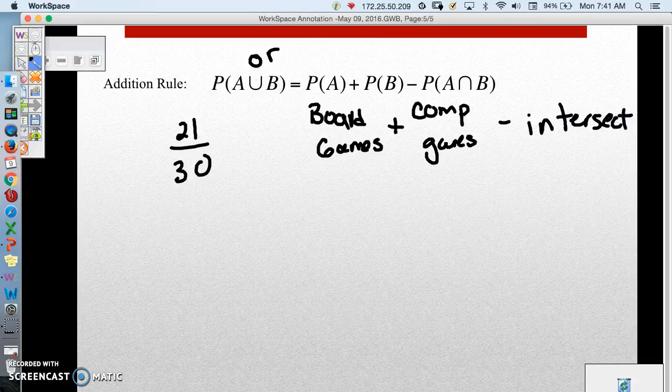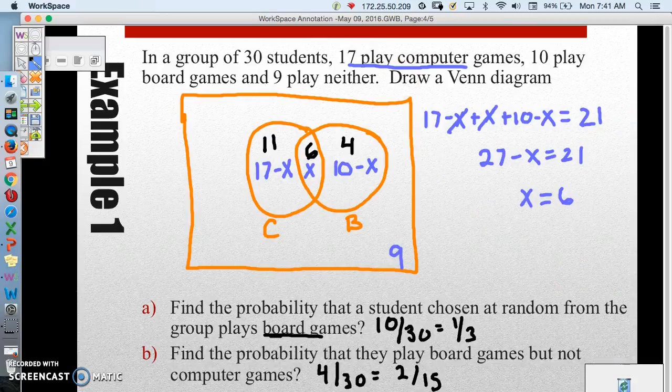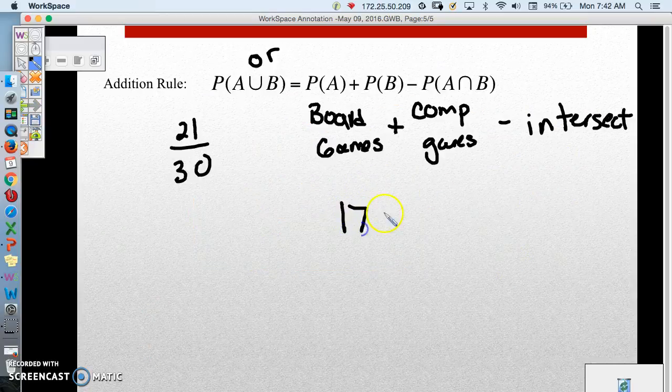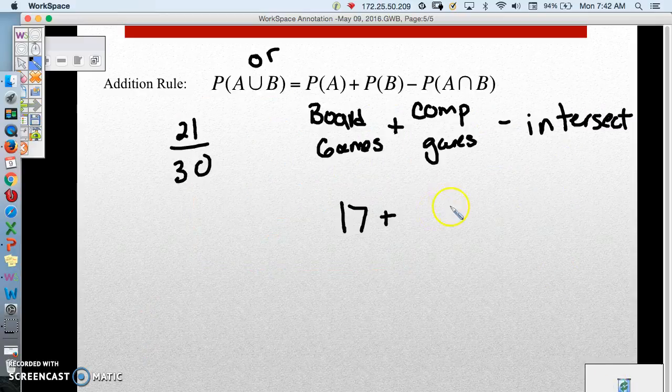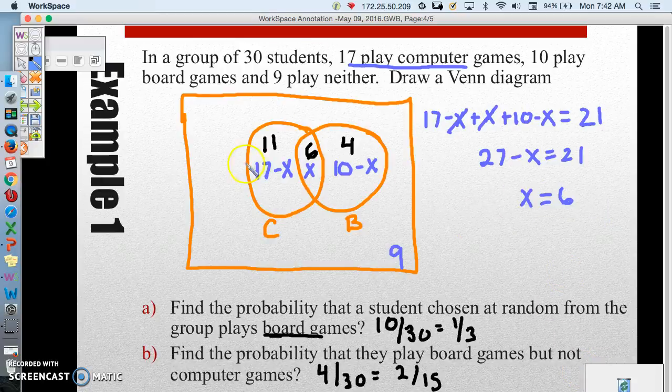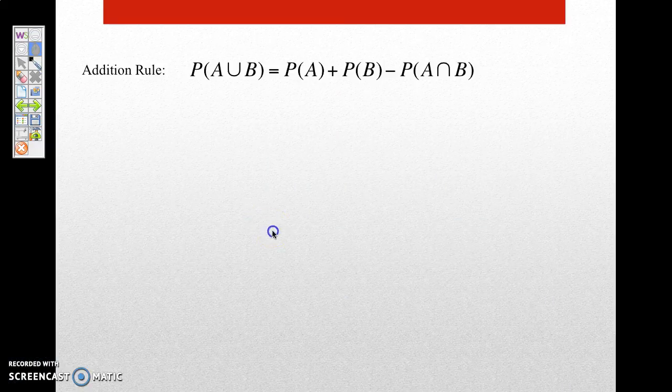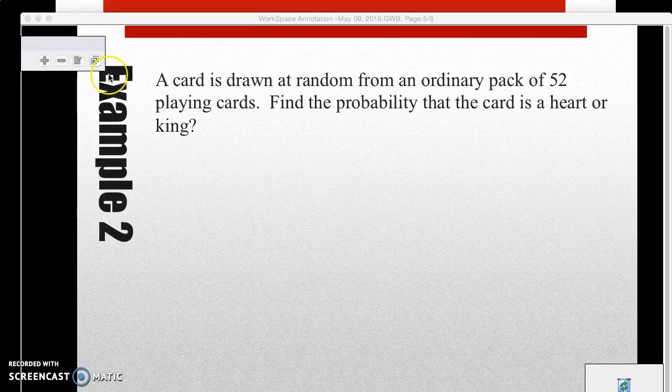So we'd have 17 play computer games, plus our board games of 10, minus our intersection, and we end up with that 21 again. We can just add them together, but we have to subtract that intersection so we don't count it twice.